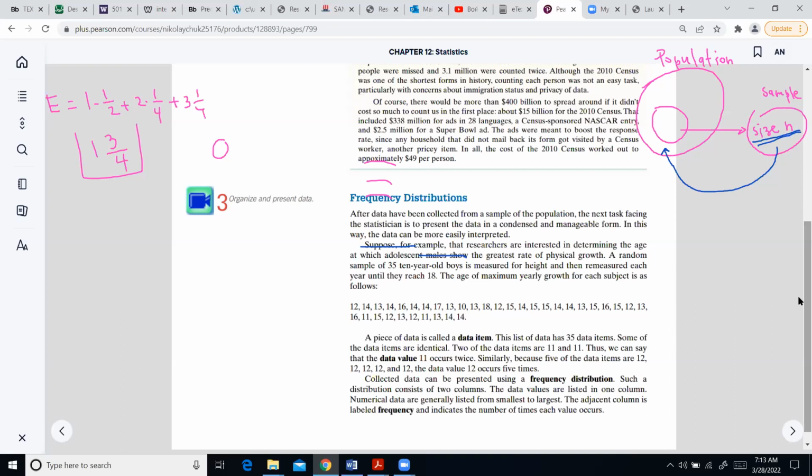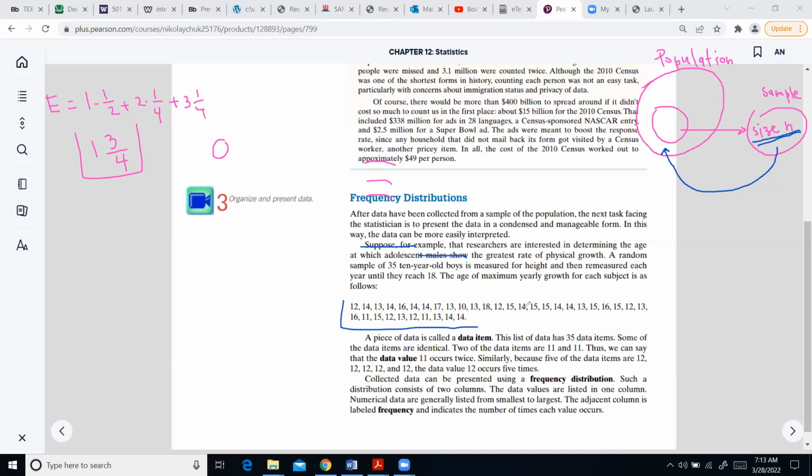So anyways, once you collect data one way or another, usually you put this data in terms of some type of numbers, and that's what they have here on the next page. They produced a bunch of numbers here, and they say that's a bunch of data items here.